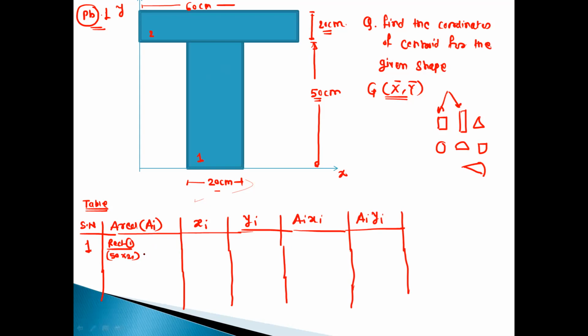So this is the area, you can find out this value. It is 1000 square centimeter. Second object, again it is a rectangle. So this is rectangle 2. It has the dimension 60 by 20. So it is 1200 centimeter square.